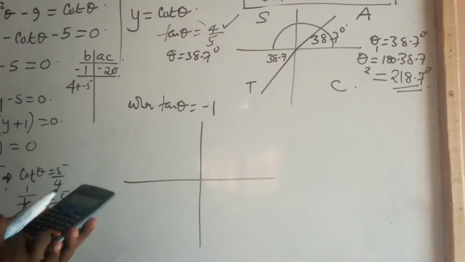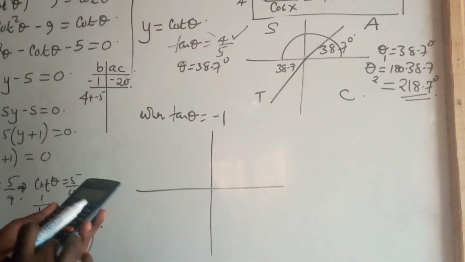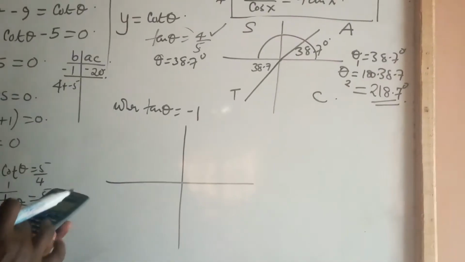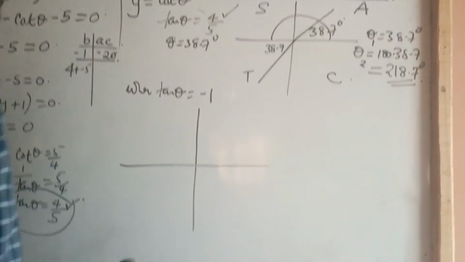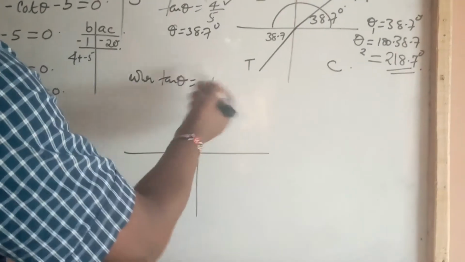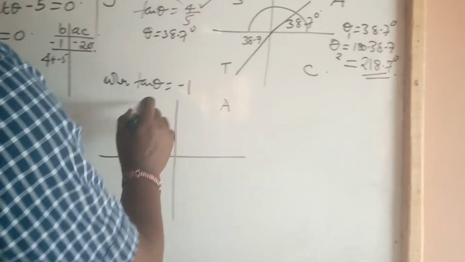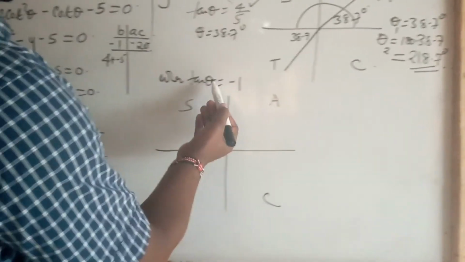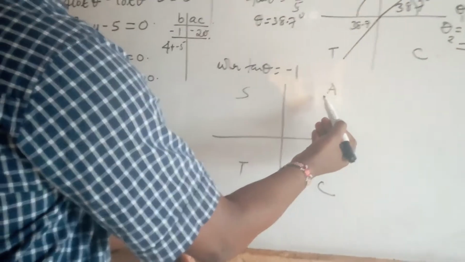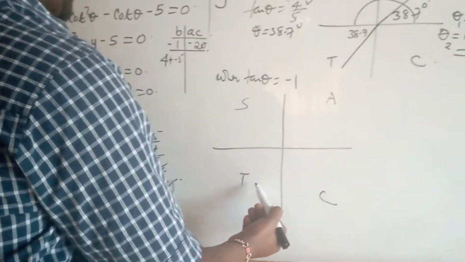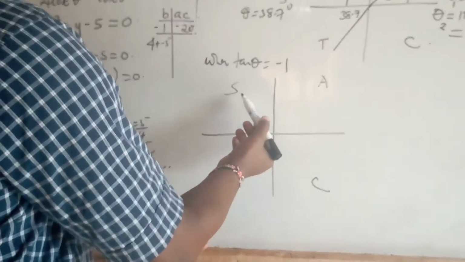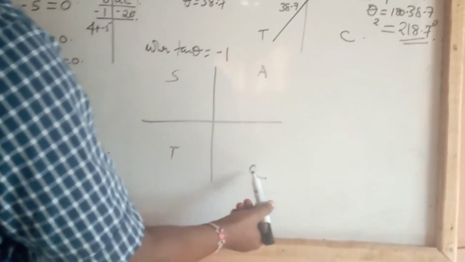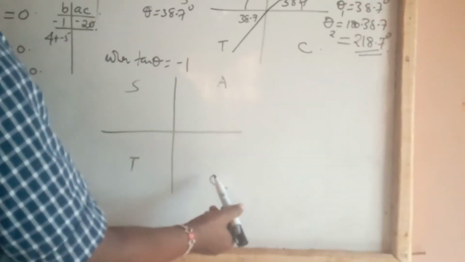So if we talk about shift tan of 1, it is 45 degrees. But you can already see, if All Science Teachers keep complaining, that theta is not in the first quadrant. Theta is not in the third quadrant. Theta is going to be in the second quadrant, because in the second quadrant tangent is negative, and theta is also going to be in the fourth quadrant.